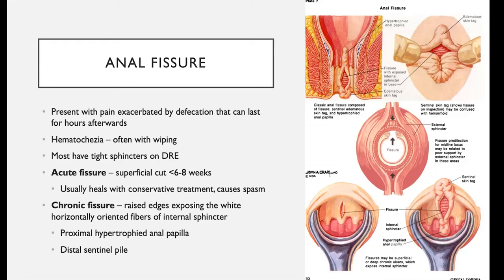So you can see raised edges on the lateral aspects of the fissure, exposing the white horizontally oriented fibers of the internal sphincter. And then proximal, you can have a hypertrophied anal papilla.